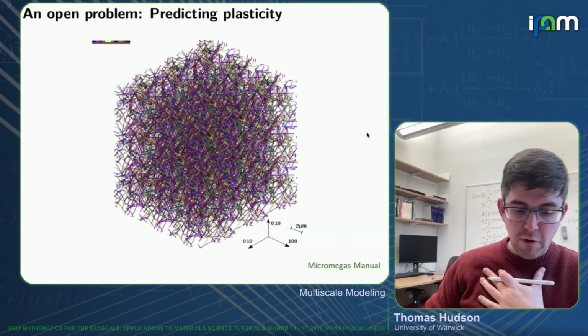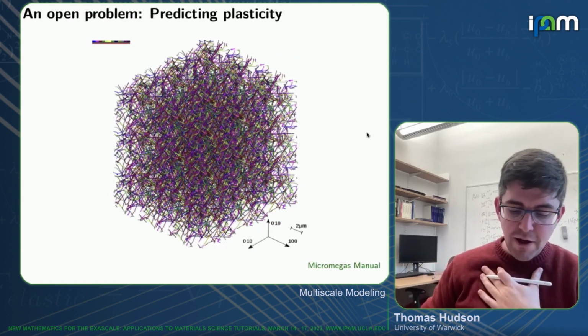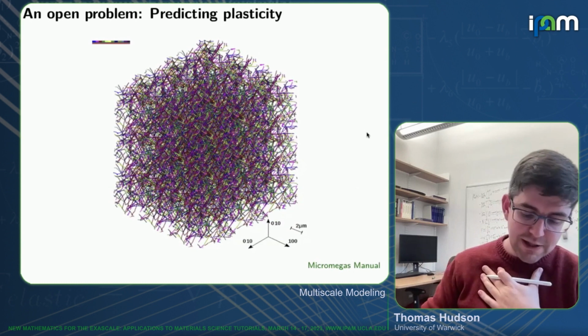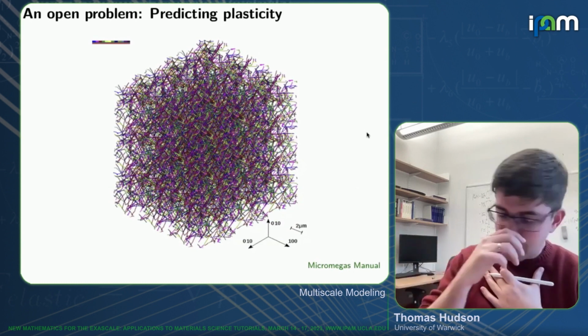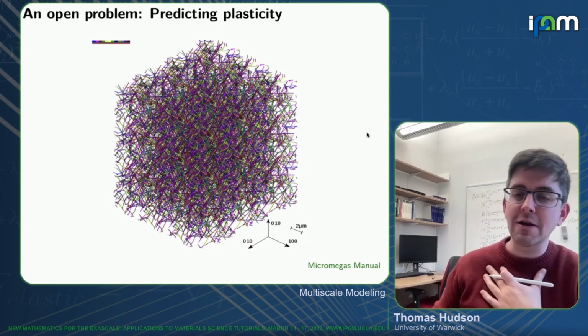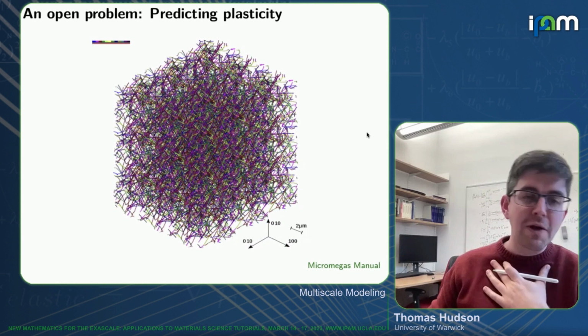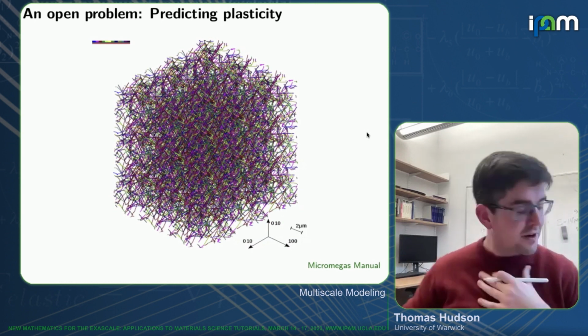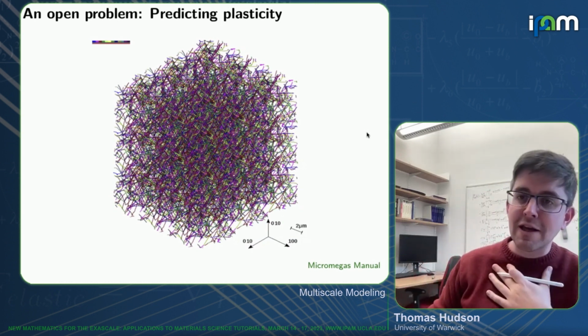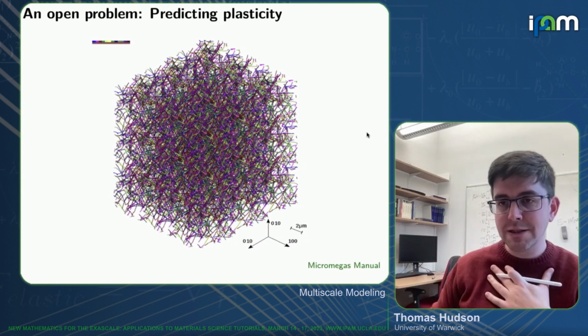So before finishing up, because I'm aware that my time is coming to the end, I wanted to say that the problem that's maybe closest to my heart in this area is predictive plasticity. The thing that I have spent much of my research career thinking about is really dislocations and line defects and how that relates to plasticity.